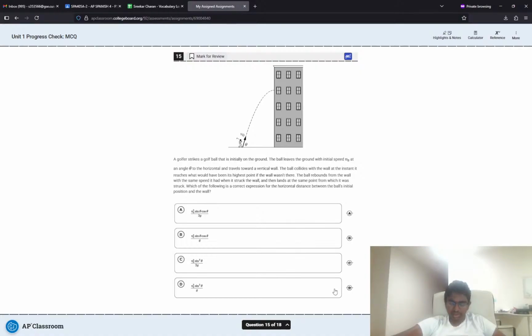That seems pretty logical. But V final would be equal to 0. Right, so then it would be VO sine theta equals GT. So T is equal to VO sine theta over G.